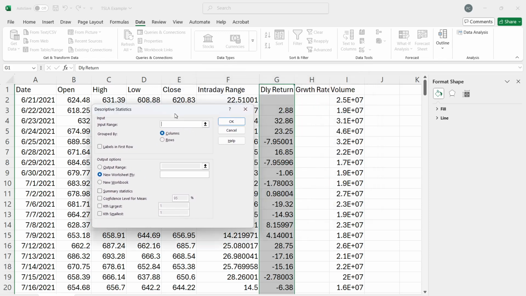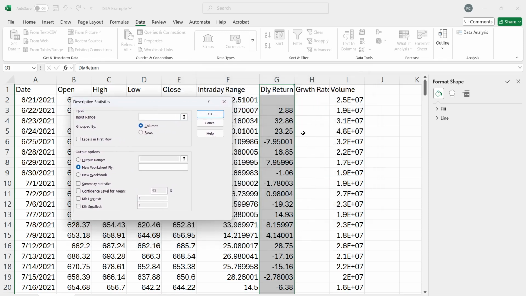So I'll go ahead and ask the data analysis tool pack to give me, labels in first row, daily returns here, this entire column. I actually don't know whether it will handle the missing observation in the first column well or not. Different statistical software will behave differently when you feed it a missing value.